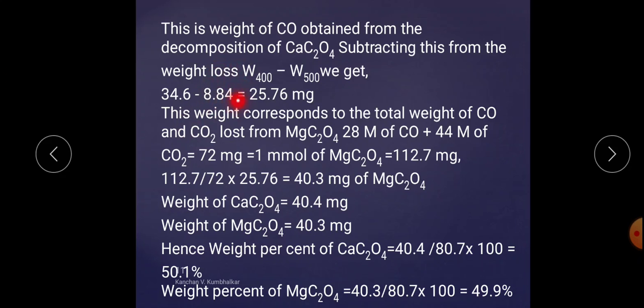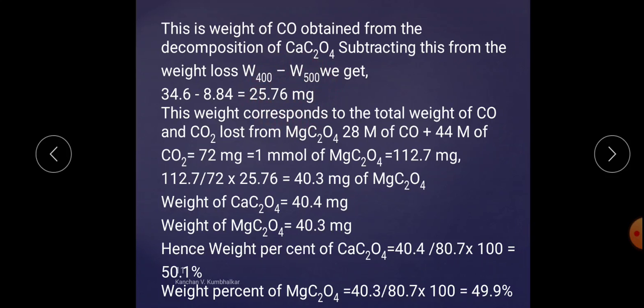This much amount of weight is of CO liberated from the calcium oxalate. So by minusing it, we get only this much amount of weight which is lost in between 400 to 500 degrees Celsius by magnesium oxalate. So this much weight loss takes place because of the magnesium oxalate.